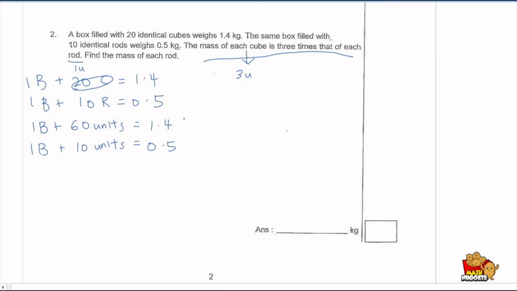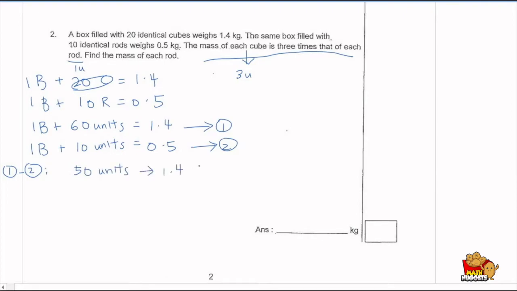So if I were to subtract the 2 sentences, I'll take 1 box and 60 units minus 1 box and 10 units, I would have 50 units left.